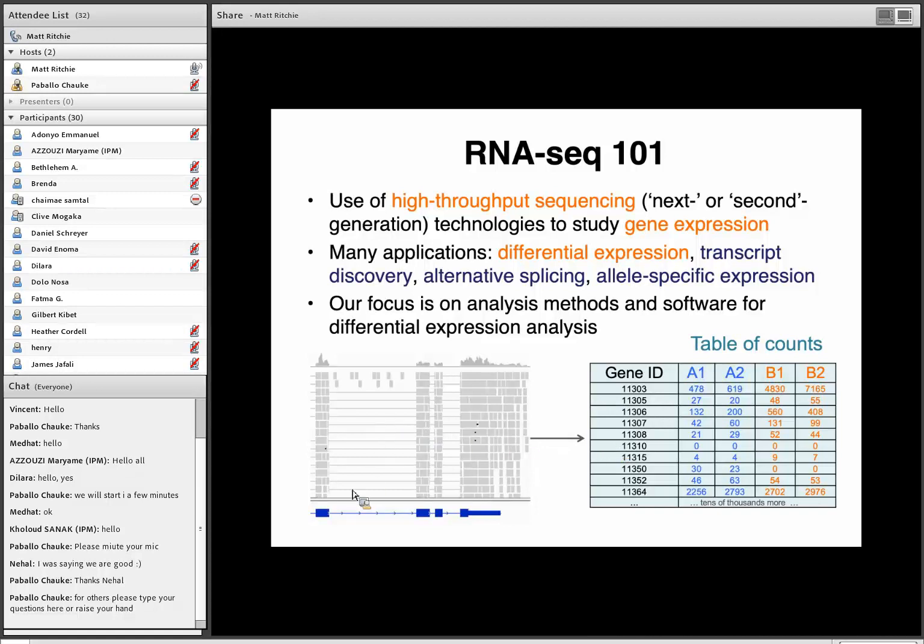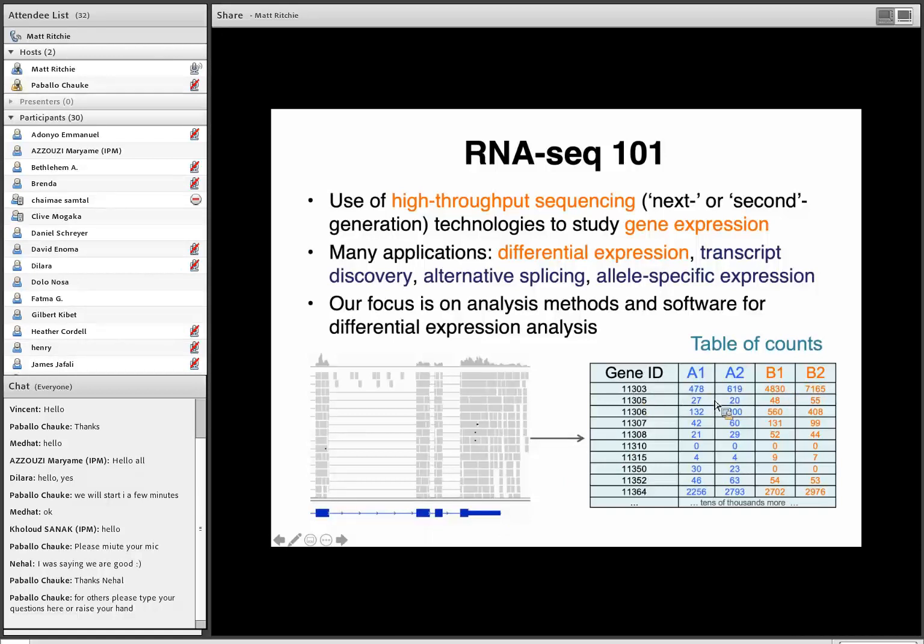So we have lots of short reads that we align to the genome. We then go through and count up where these reads fall over exons for a given gene, and then we end up with a total count for that gene that we pop in our gene expression count matrix here.